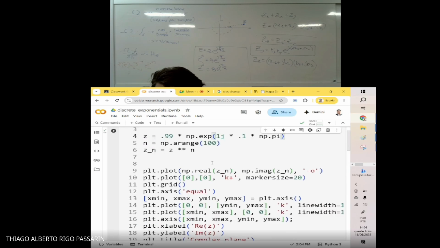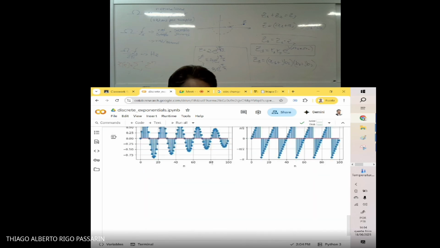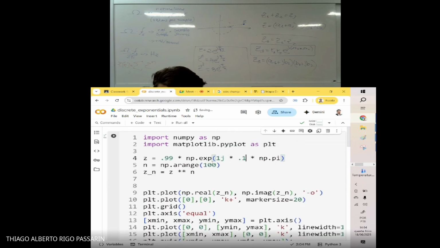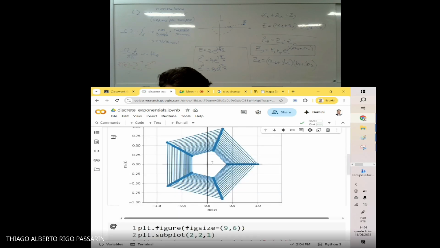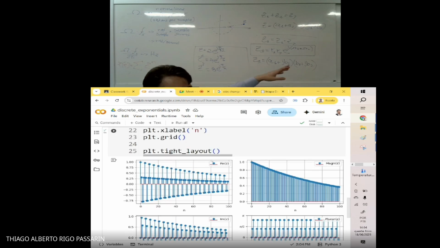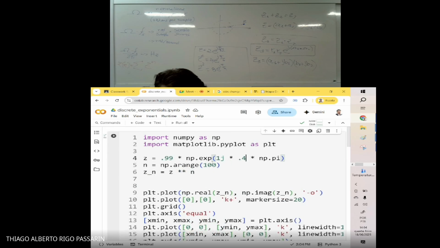So 0.1 is a small frequency, right? Let's call this a small frequency. We've seen that 0.4 is a very high frequency for our standards because you can no longer recognize the sines and cosines very easily. So let's go back to 0.1.